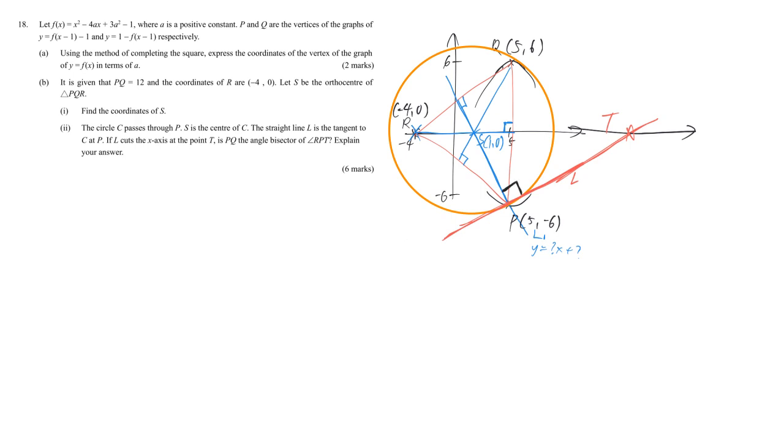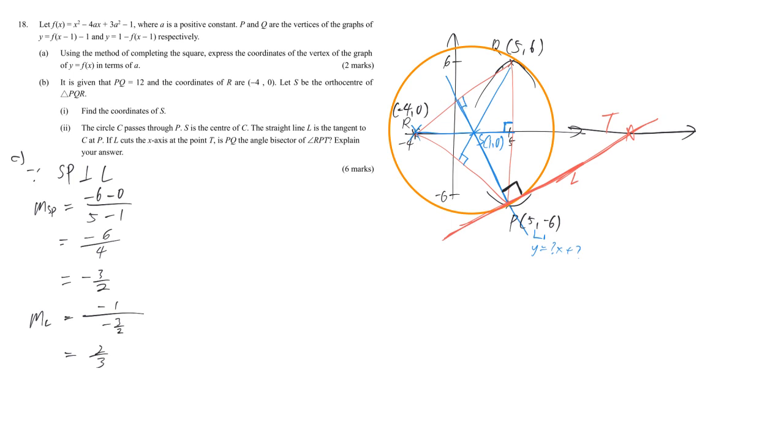So we can just simply say SP perpendicular to L. Since SP perpendicular to L, the slope SP, we get it first, is equal to -6 minus 0 and then 5 minus 1. It's -3/2. So slope L is equal to -1 divided by -3/2. We get 2/3.